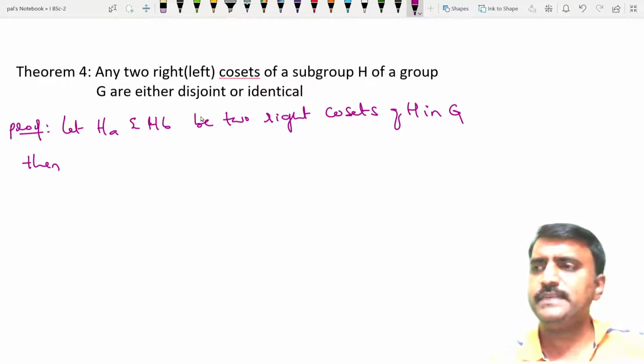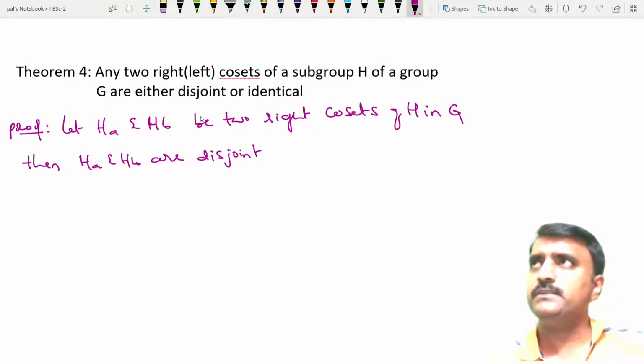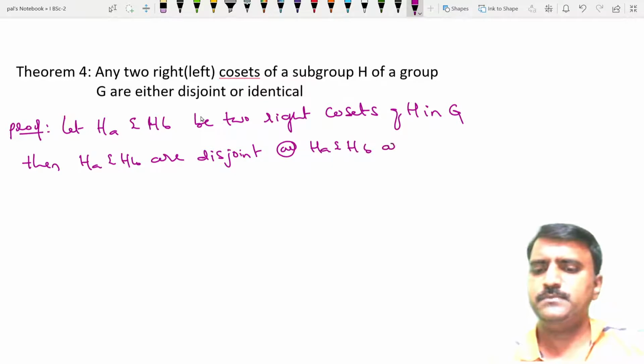So then HA and HB are disjoint, or HA and HB are not disjoint.